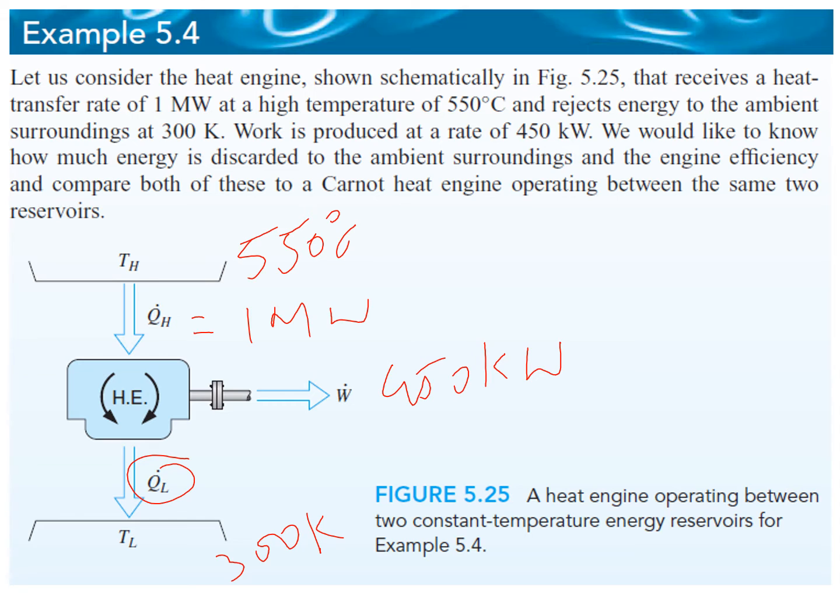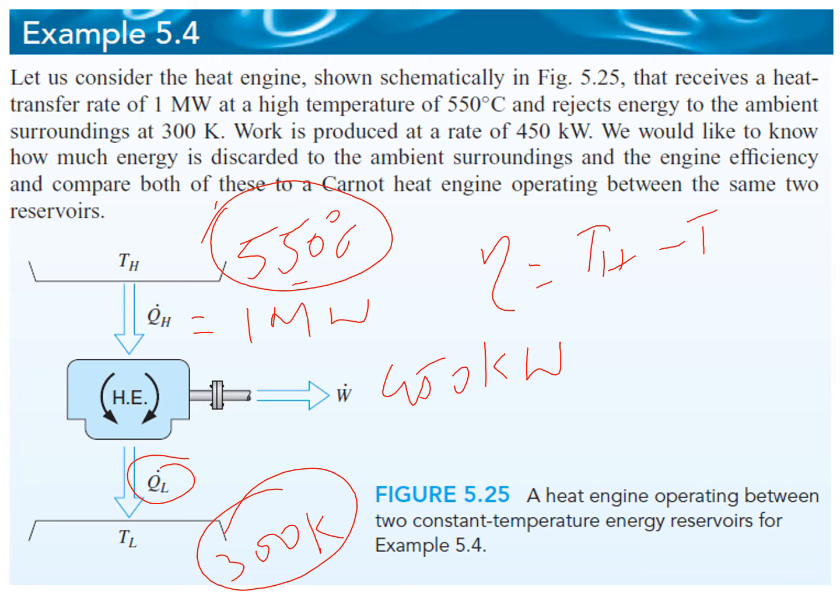So if we find the efficiency using these temperatures TH and TL, then it is TH minus TL divided by TH.